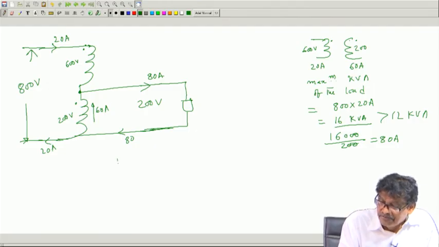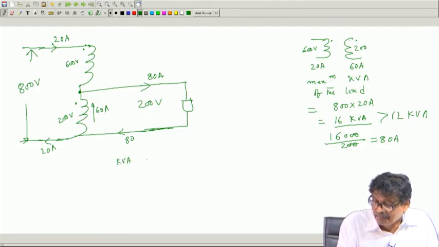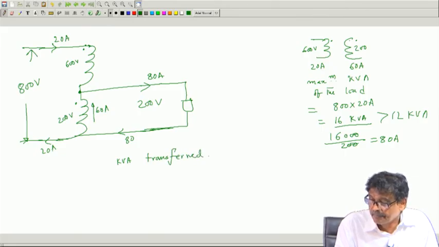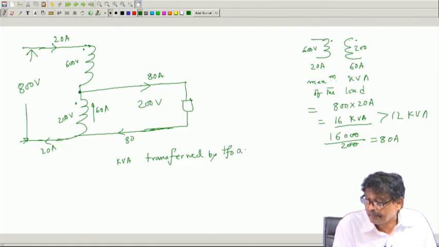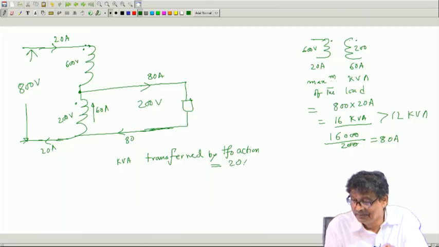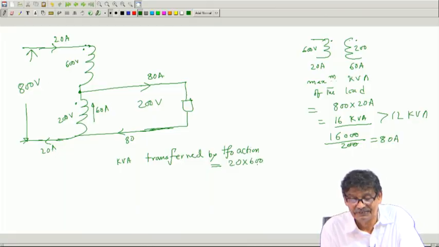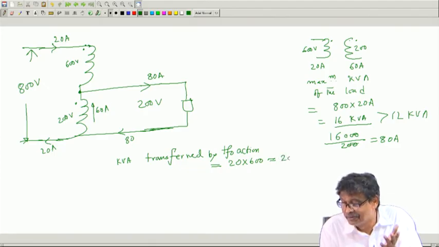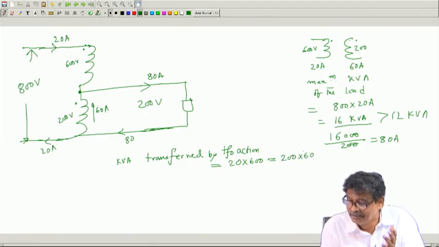So, kVA transferred by transformer action will be equal to either 20 into 600 or 200 into 60, in whichever way you want to tell, that is 12 kVA.